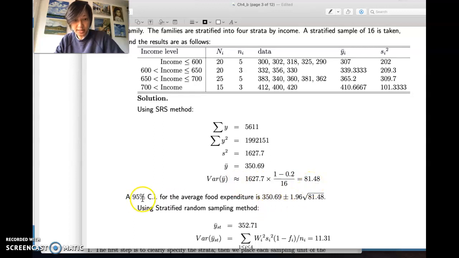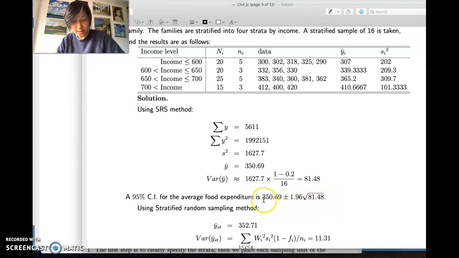So we can say the 95% confidence interval for the average food expenditure is y bar, 350.69, plus or minus the bound of error. Very much like many of you asking the question in assignments, if I ask for the point estimate and ask you to place a bound of error at the 95% confidence level, that would be what I'm expecting from you.